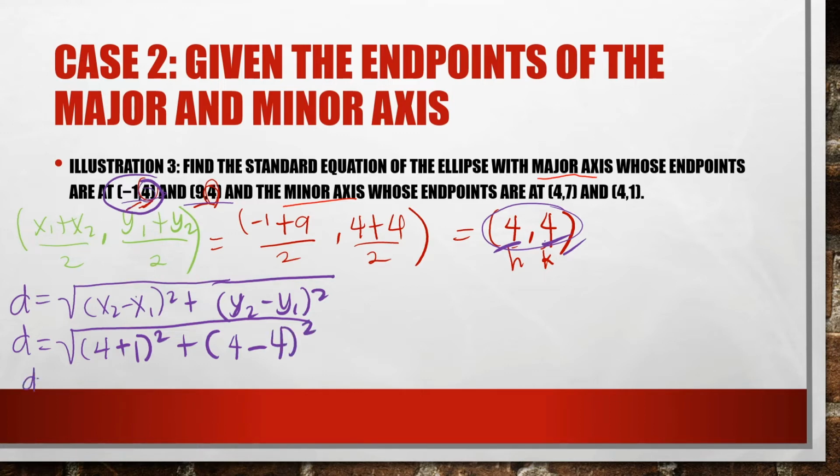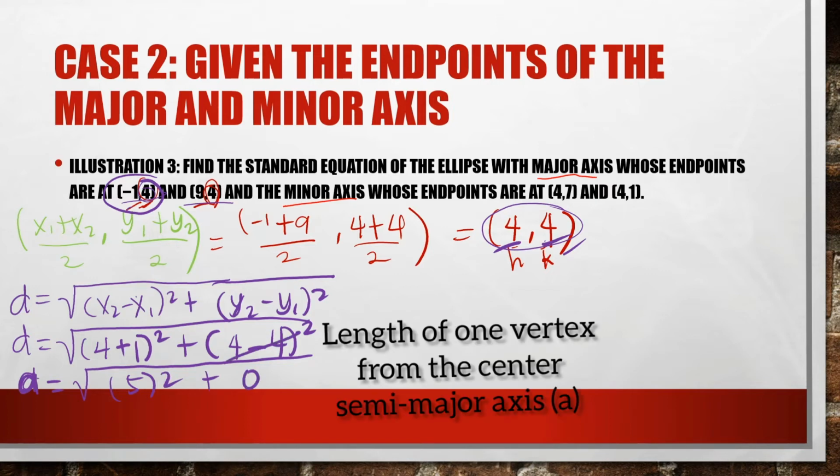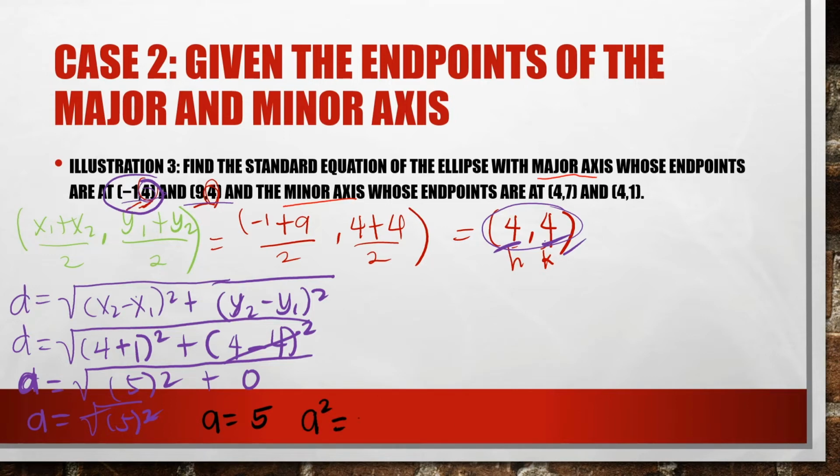So, d or yung a natin, yung semi-major axis, square root of 4 plus 1 is equal to 5 squared plus, cancel na to, so 0. So, a is equal to square root of 5 squared. So, cancel na yon, matitira is yung 5. a is equal to 5. Then, pag hinanap natin yung a squared, so 5 squared is equal to 25.